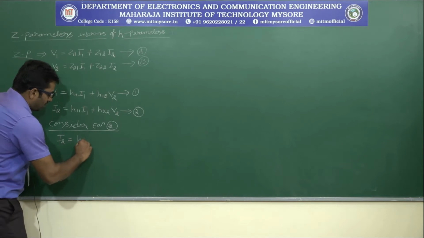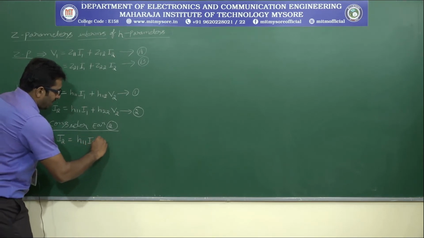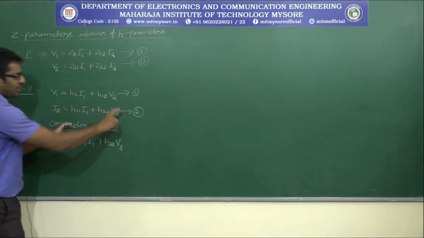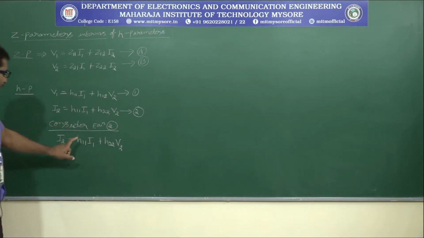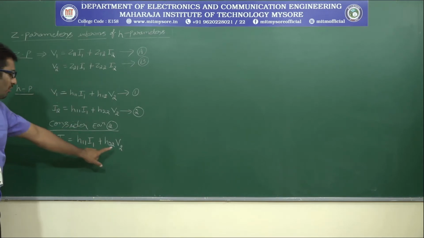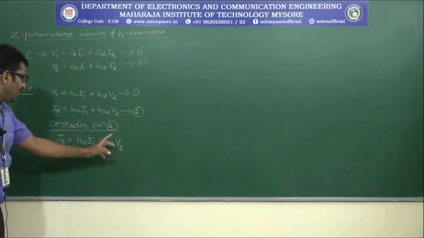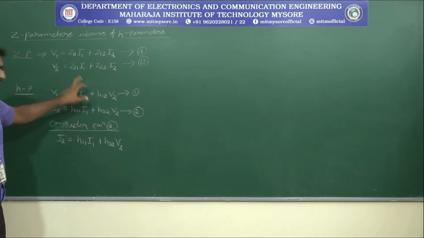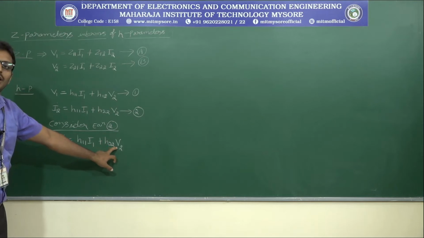I2 is equal to H21 I1 plus H22 V2. This is equation 2. Just rearrange this equation just like equation B. Get the expression for V2 in this equation. Anyhow, V2 is there, right? Because we need to express this equation just like equation B, right? Therefore, get the expression for V2.